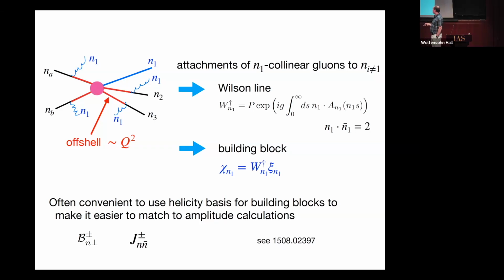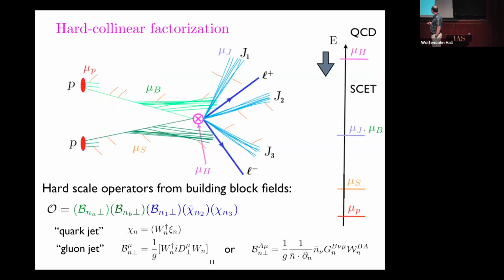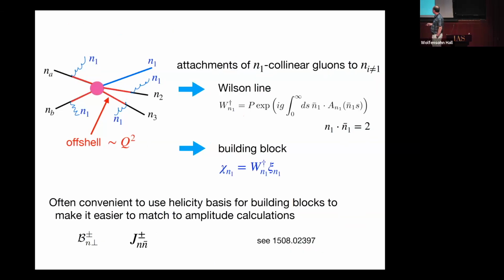So we talk about scalar operators with definite helicity. This curly B field that I showed you on the previous slide actually has only 2 components, which are transverse, so I can easily project onto given helicities plus and minus. And I can do the same thing with quark fields. Then I design currents that have overall fermion number 0 and definite helicity, and I build my operators out of that, and then it makes the matching to amplitudes very easy.